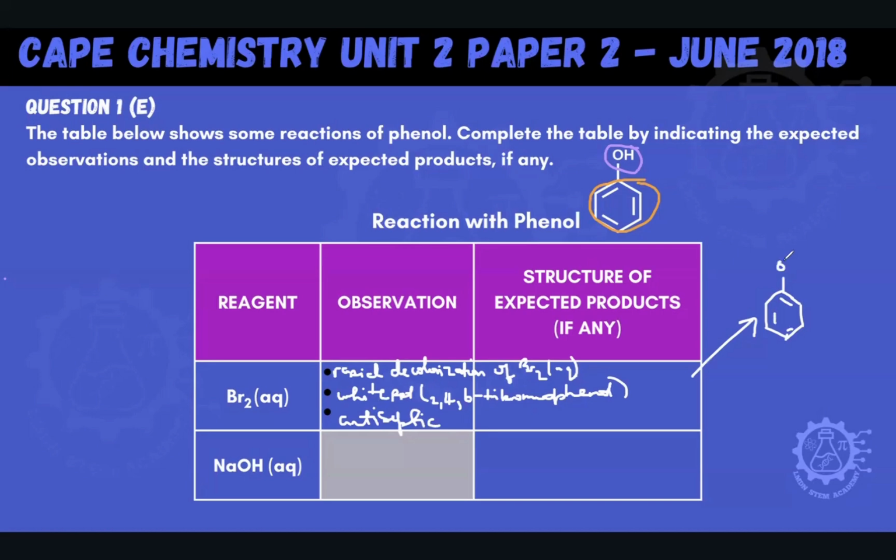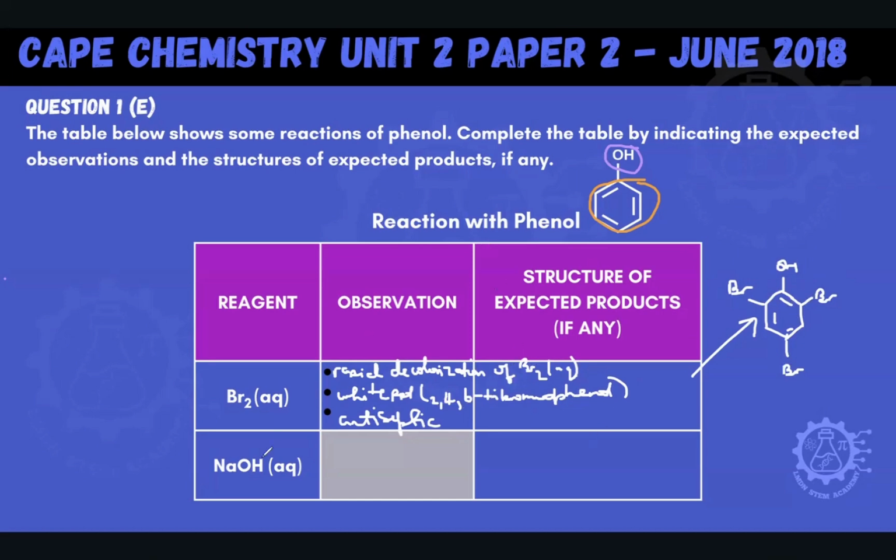So I'm going to have my OH still there because that part didn't react. It was the ring. And so I'm going to have a Br here, a Br here, and I'm going to also have a Br there. Okay? All right, so that's 2,4,6-tribromophenol.